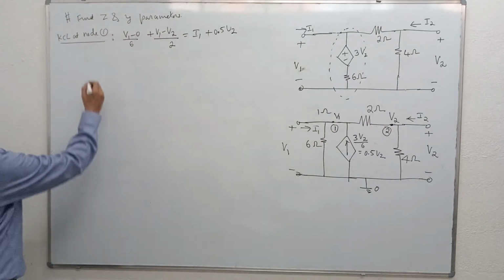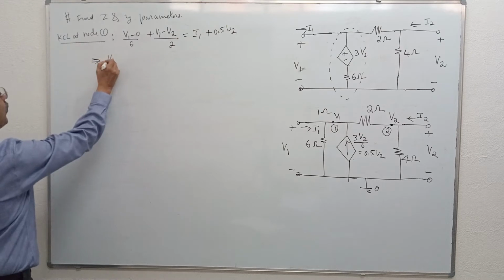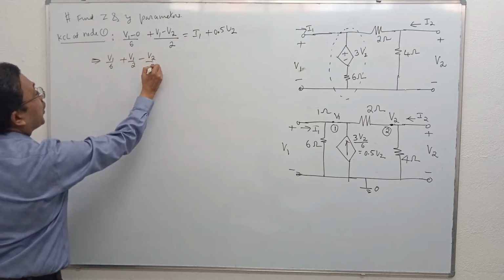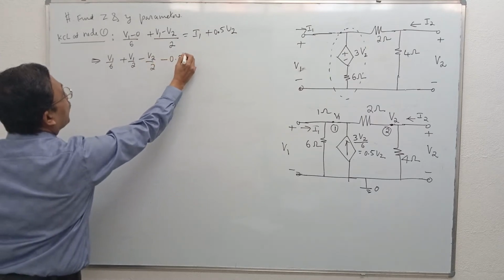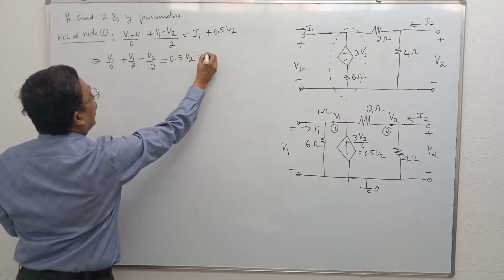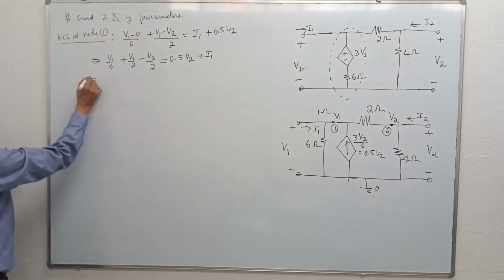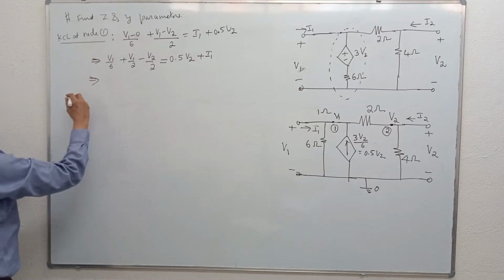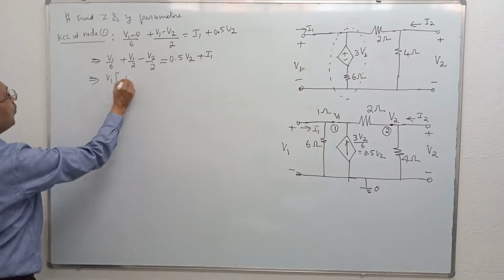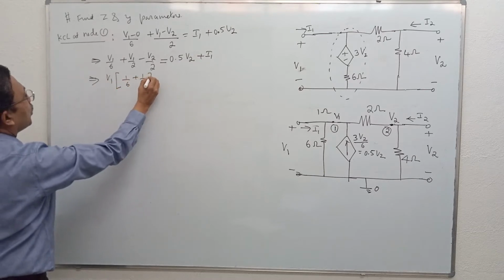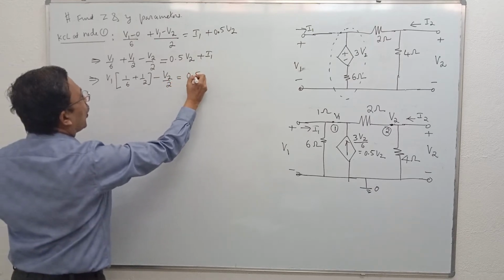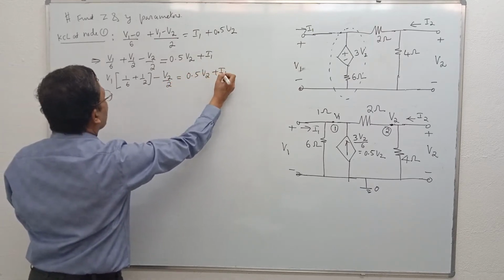So now we collect terms. This implies V1 by 6 plus V1 by 2 minus V2 by 2 is equal to 0.5 V2 plus I1. V1 terms, if you add: V1 into 1 by 6 plus 1 by 2, minus V2 by 2, is equal to 0.5 V2 plus I1.